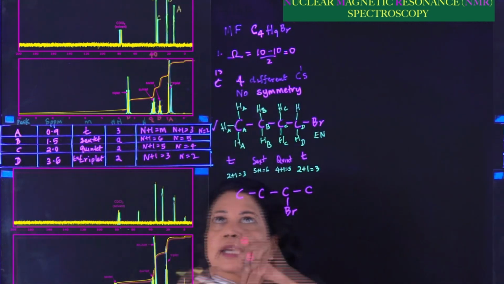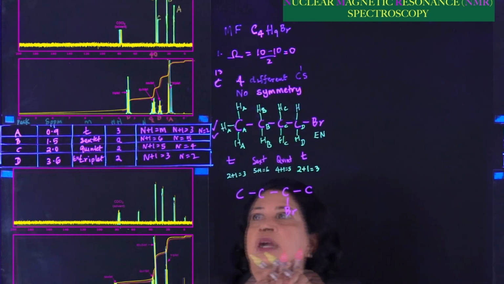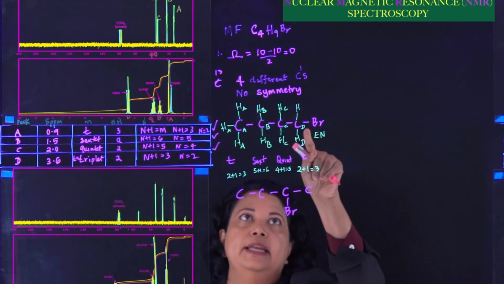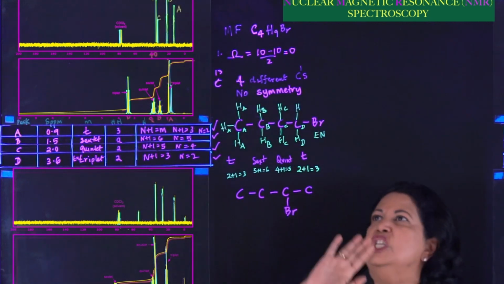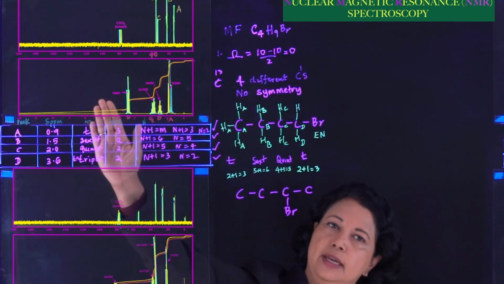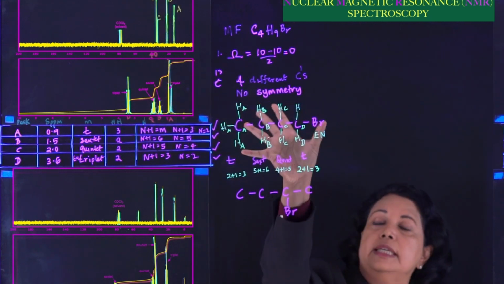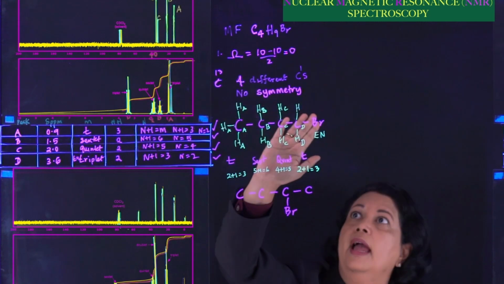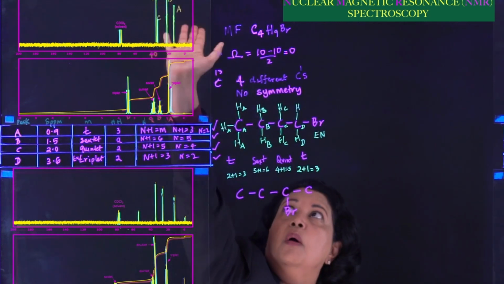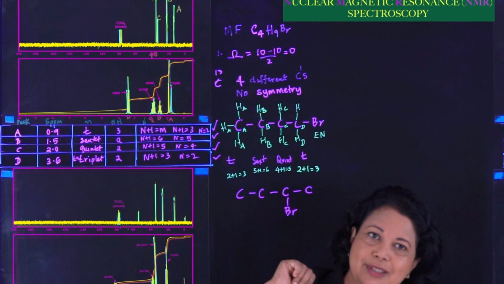HB, sextet. There you go. HC, quintet. And HD, triplet. So you could have based it just off of the delta values, but it's really nice to see that the splitting patterns tell you the exact same thing. And it's corroborated again by the 13C spectra.